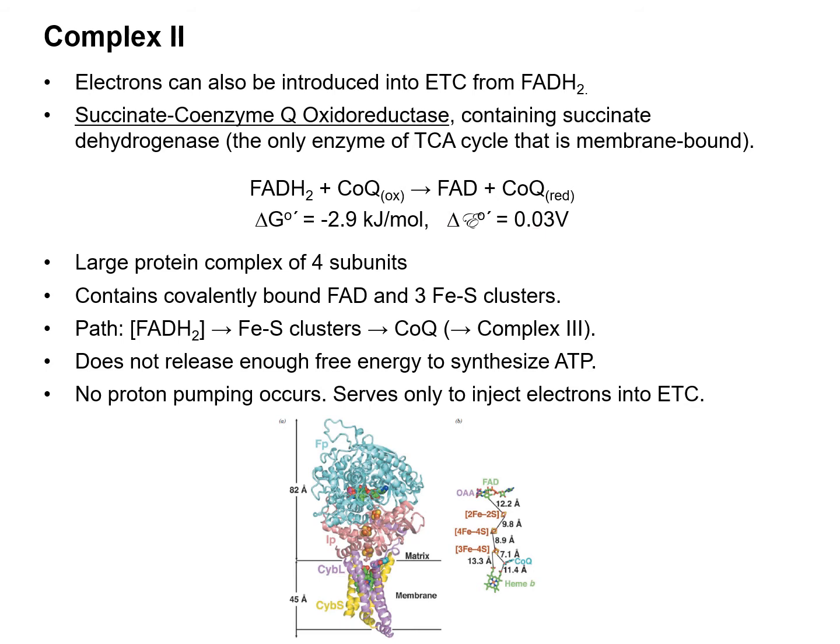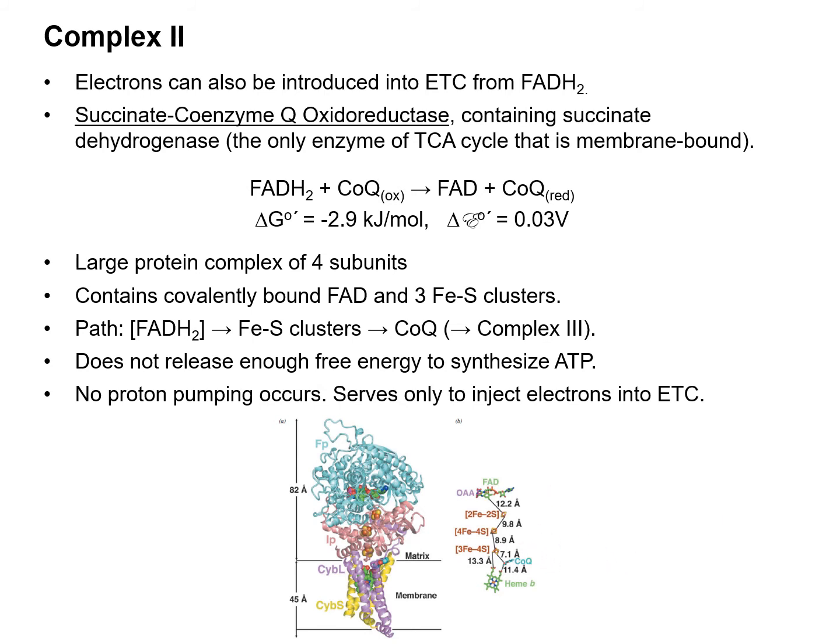And this complex 2 is a large protein complex of 4 subunits, and it contains a covalently bound FAD within that complex, and has 3 iron sulfur clusters. The path of electrons will be from the FADH2, and then the electron moves to the iron sulfur clusters, goes through these, and then coenzyme Q, and later on this electron will be moved to complex 3, which is not shown here.